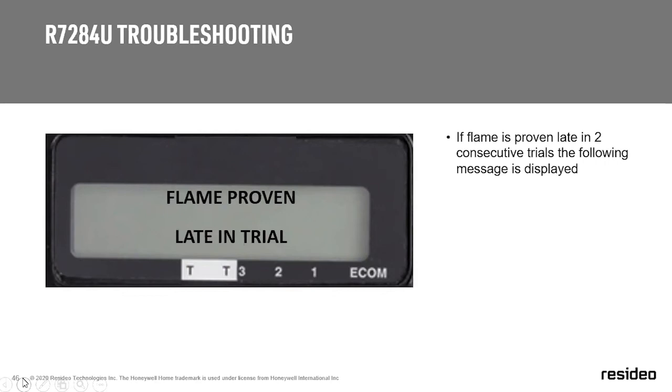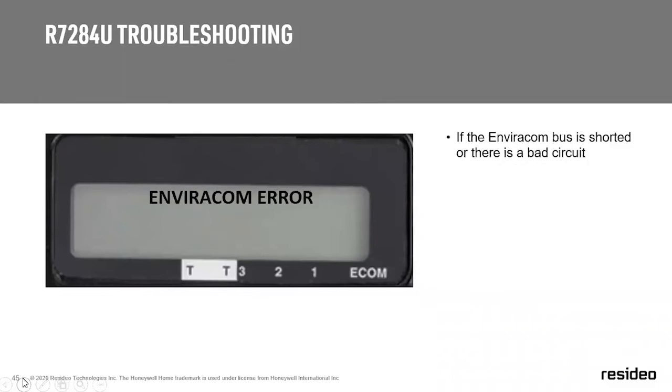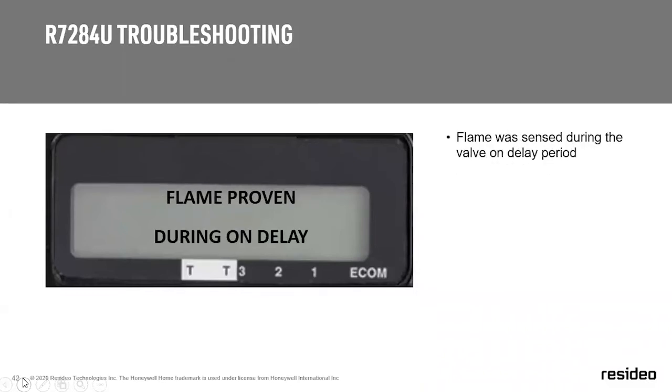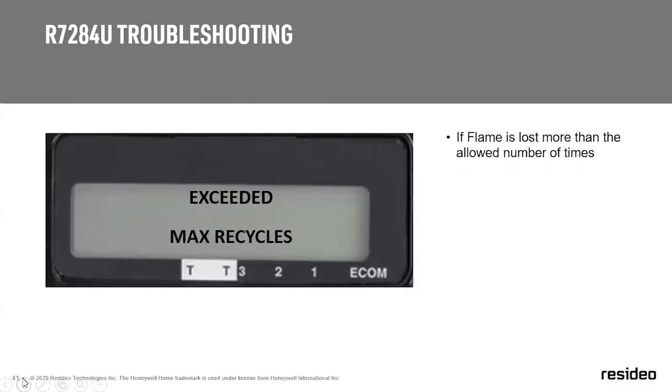Hey, Lou? Just want to add one thing. Just going back a little bit, a little comment so they can understand where it says exceeded maximum recycles. What the control is telling you when you see this is, I started and I fired, but somewhere during the run cycle, I lost flame.